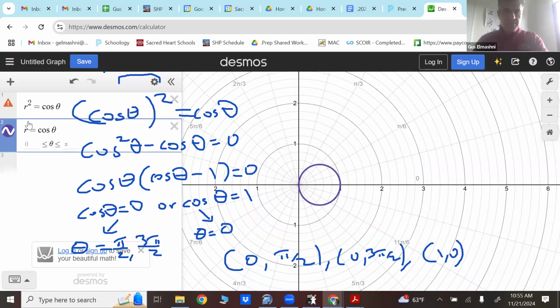It's like all these have 2 beta, 2 beta. Or maybe if I do r equals the square root.